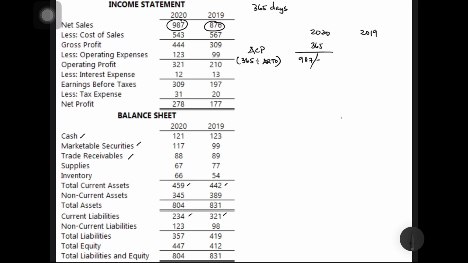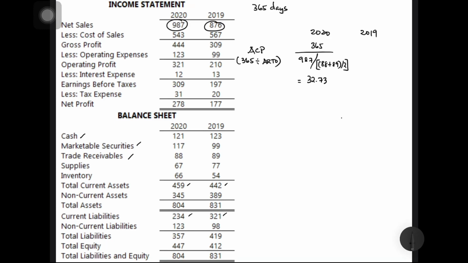It's 88 plus 89 divided by 2. Answer is 32.73.